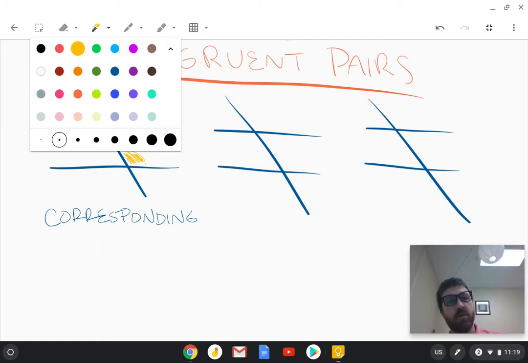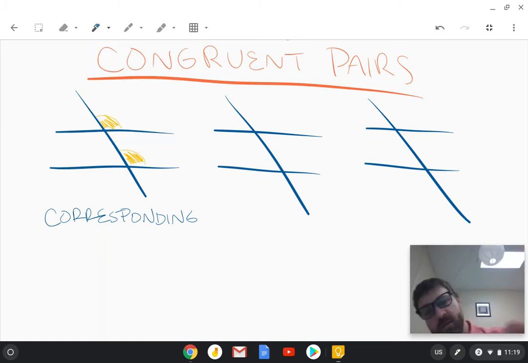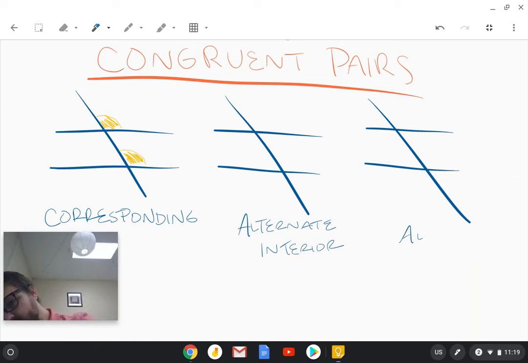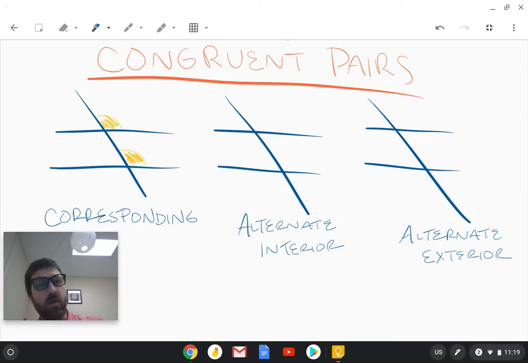Also, when the lines are parallel, the alternate interior and alternate exterior angles are congruent. So alternate interior would be like this angle and this angle, for instance.